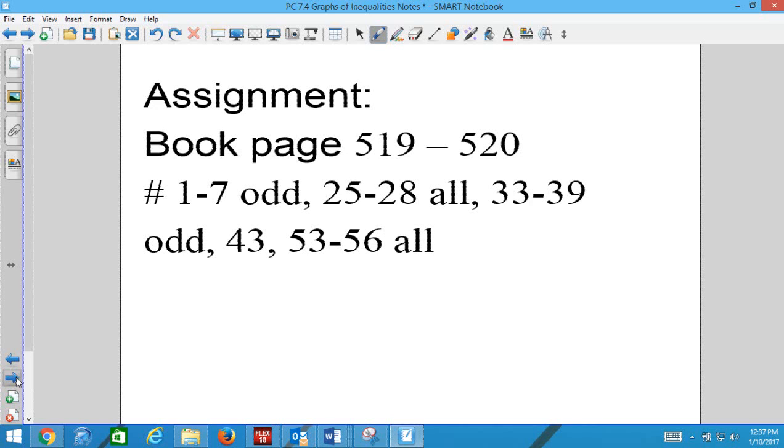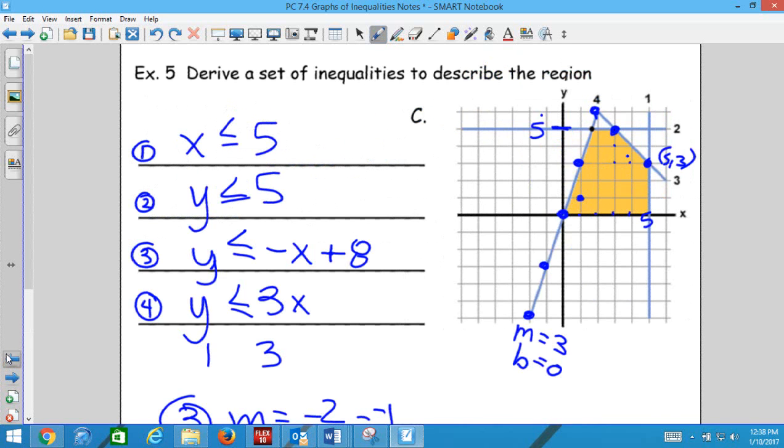Hey guys, I think there's another equation even though there's 4 of them. Go back to C real fast. Look at that. I didn't do that accurately.